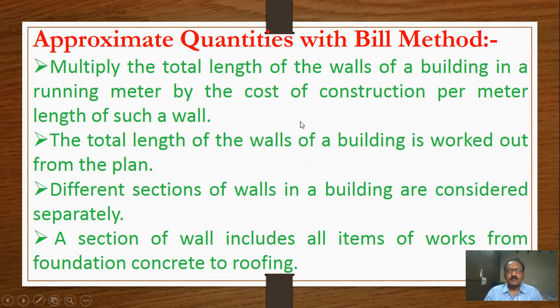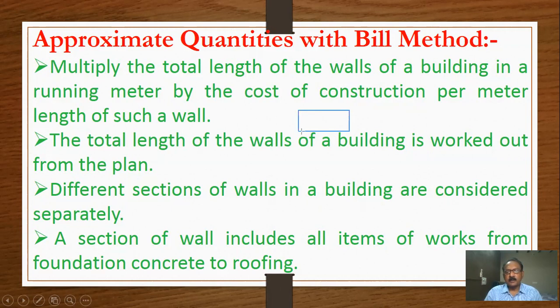So, suppose the building according to your plan, here I will explain. See here, suppose your building is some rectangle shape. This is 5 meters and this is 2 meters.